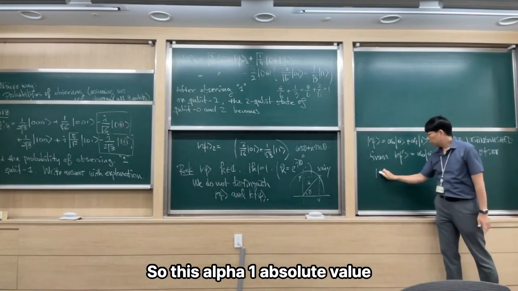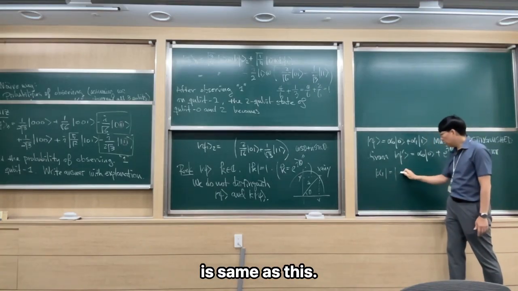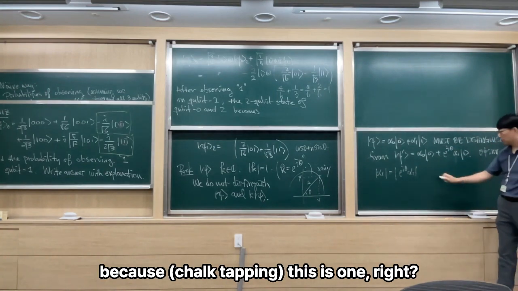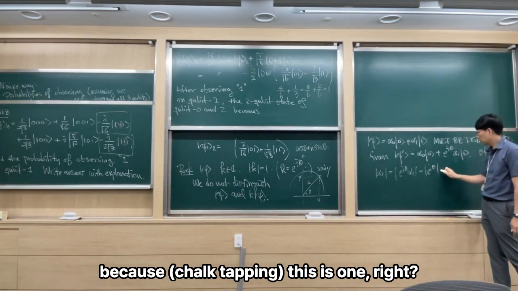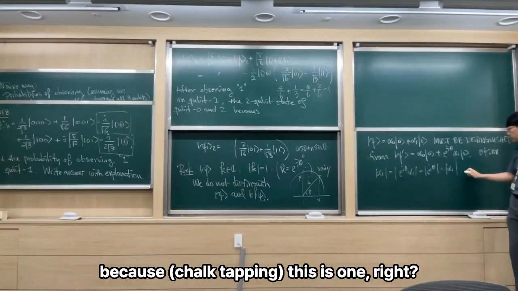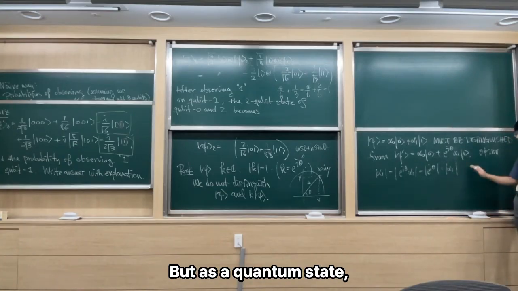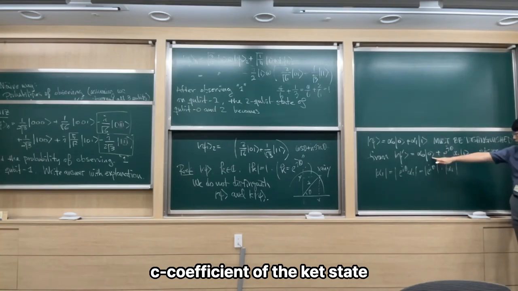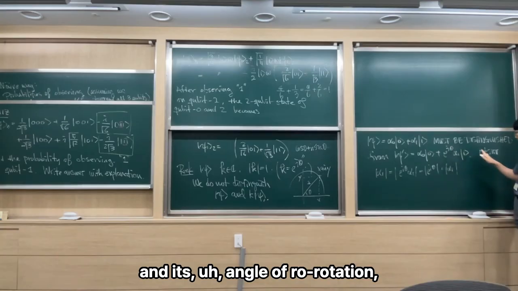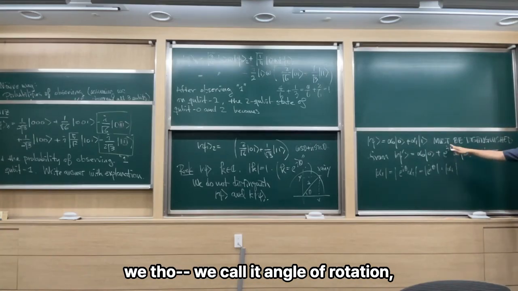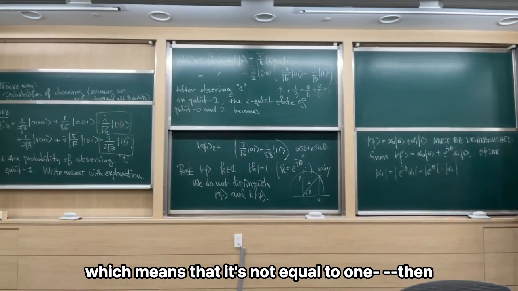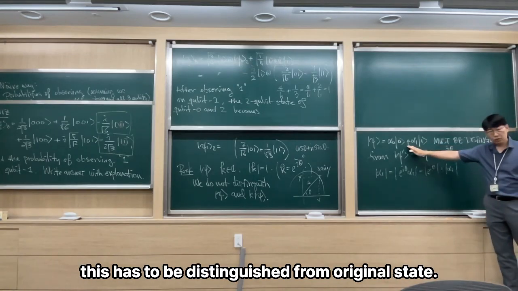So this alpha 1 absolute value is the same as this, because this is 1, right? But as a quantum state, if you have only changed the coefficient of the ket state and its angle of rotation is not equal to n pi, which means that it's not equal to 1, then this has to be distinguished from the original state.